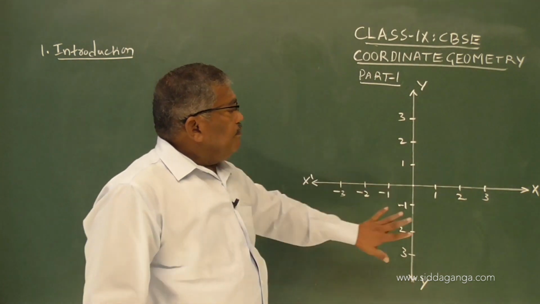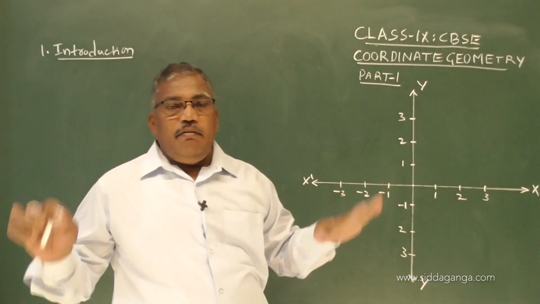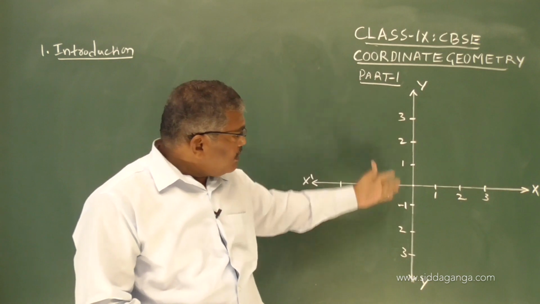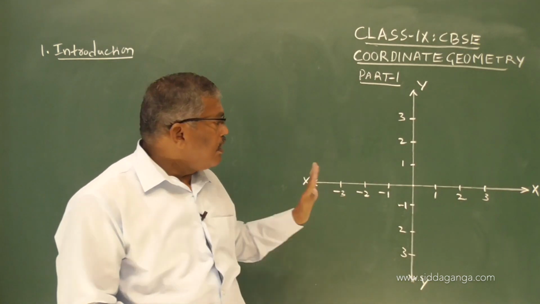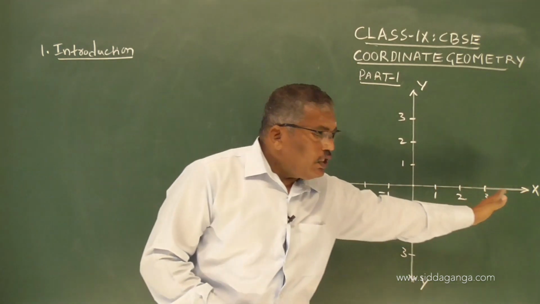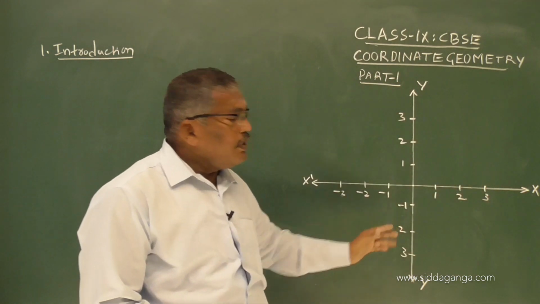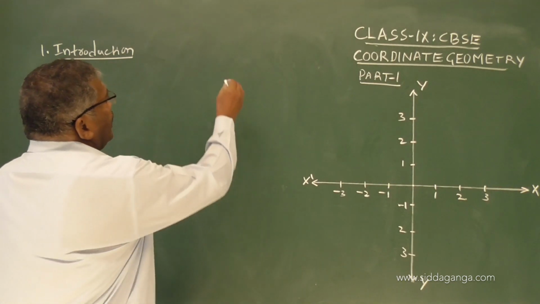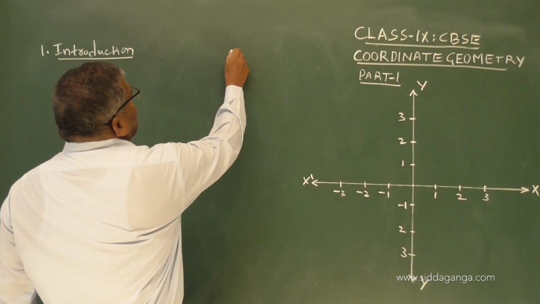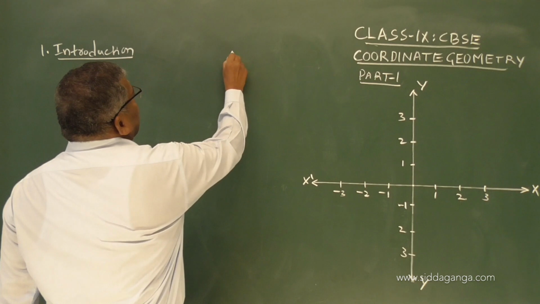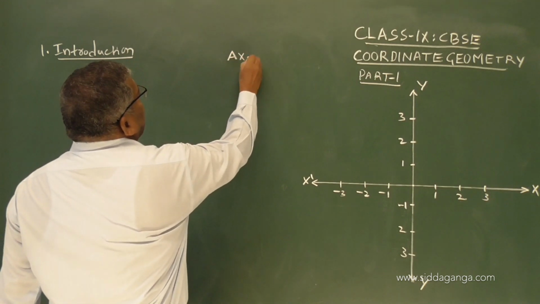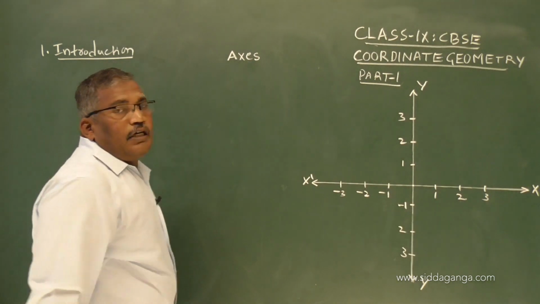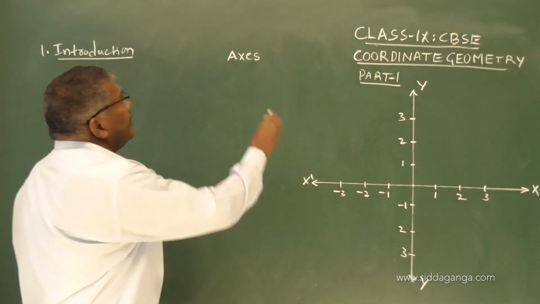See here, this is on a plane. On a plane, two reference lines are drawn. One is horizontal and the other one is vertical. So these two lines are called axes. Axes is the plural of axis.